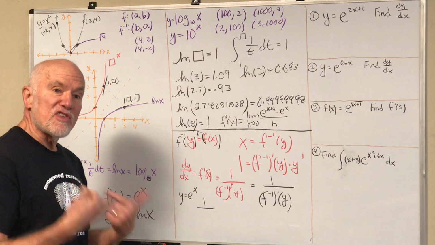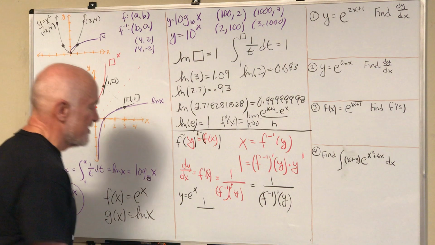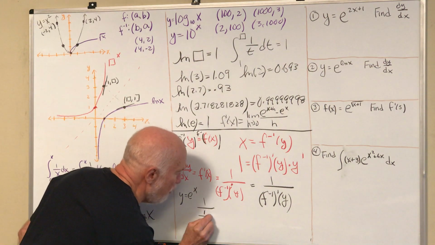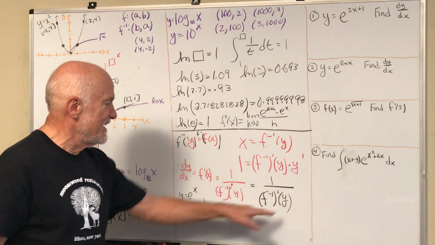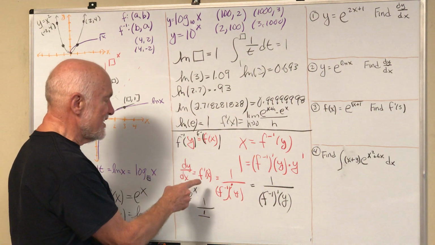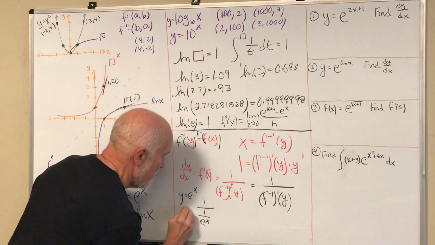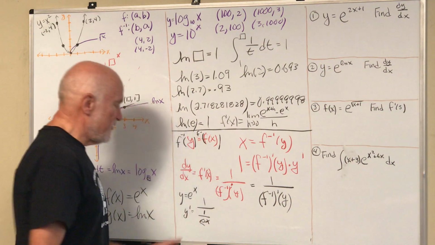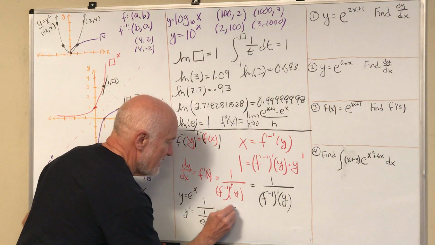Well, the derivative of its inverse, the natural log of x, is 1 over x. So it would be 1 over x, but it's not at x, it's at y. And y is e to the x. So the derivative is 1 over 1 over e to the x, or e to the x.